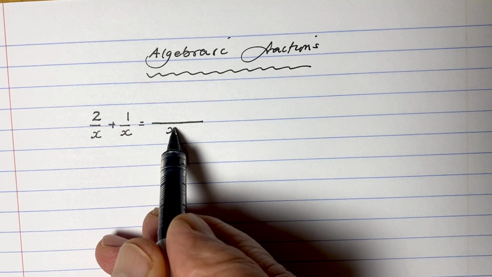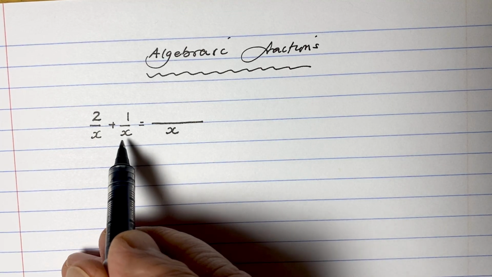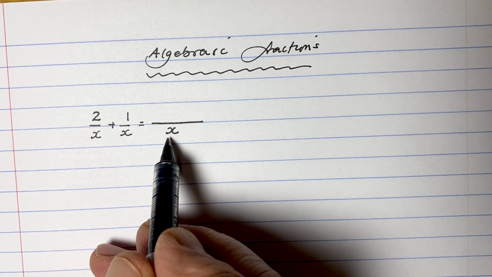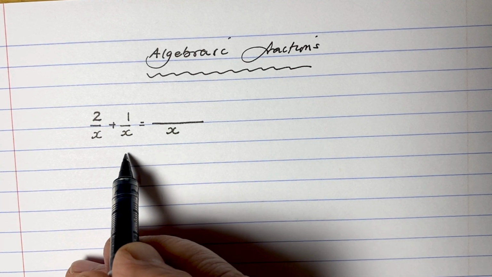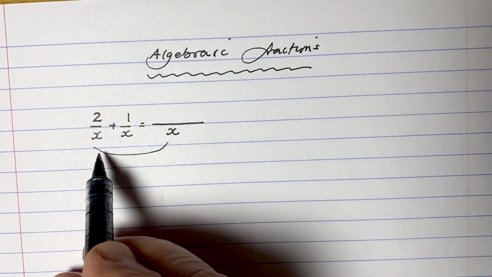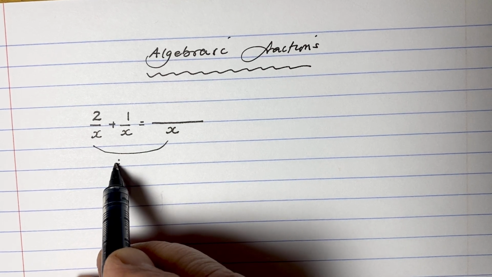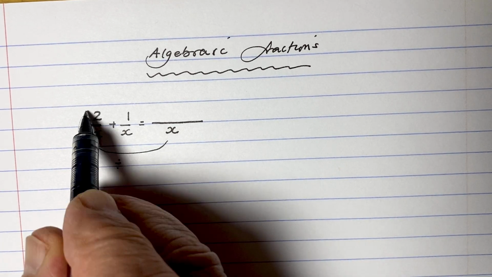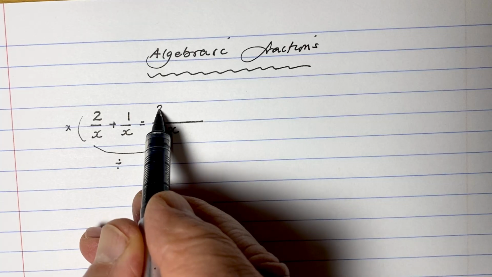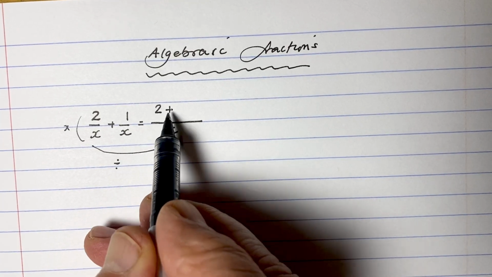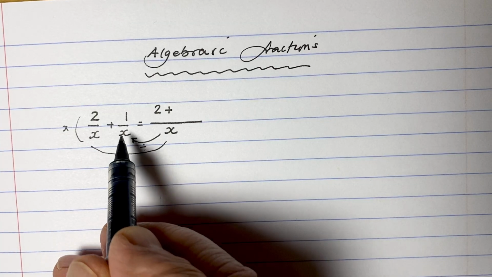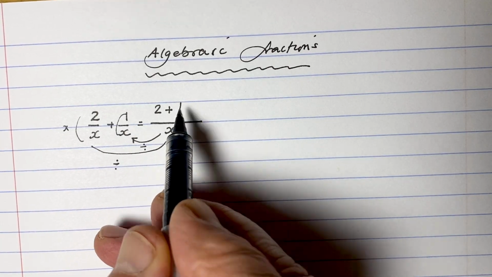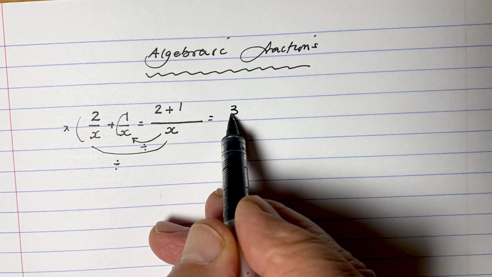So x would be the smallest common denominator for this fraction. In order to obtain the top, we divide x by x, which is 1, times 2 is 2, then plus, going to the second fraction, x divided by x is 1 times its top, so the answer would be 3 over x.